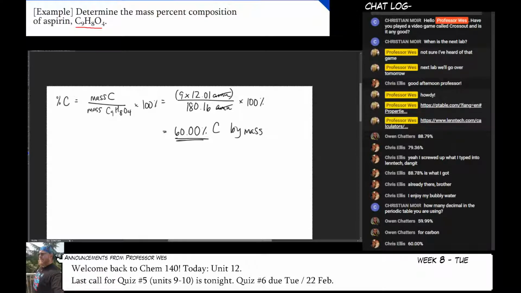I could replace the carbon part with the oxygen part, so I'm going to do that for one of these real quick. So if I go like this and I just copy and paste this. So copy, paste. And we just go down here.